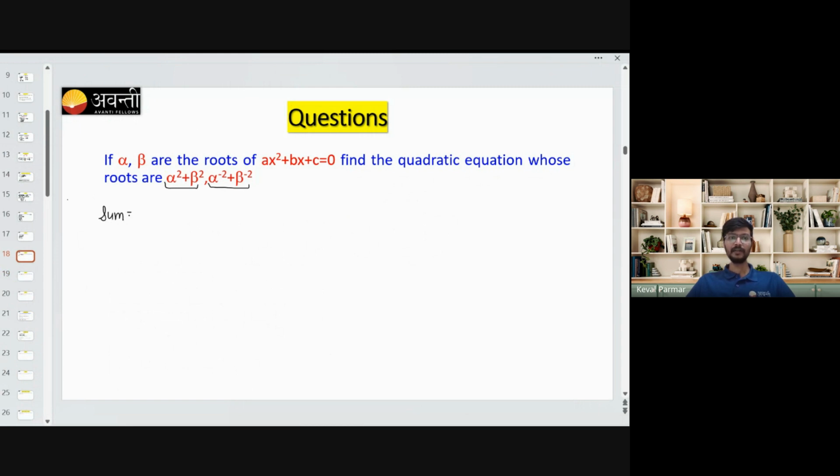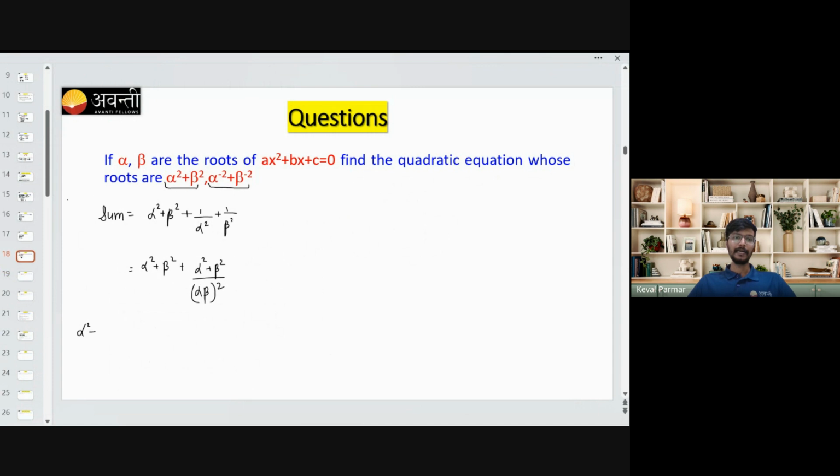Because to find the quadratic equation, we need the sum of the roots and the product of the roots. The sum of the roots is alpha square plus beta square plus 1 upon alpha square plus 1 upon beta square. Let us simplify first: alpha square plus beta square plus (alpha square plus beta square) upon (alpha beta) the whole square.